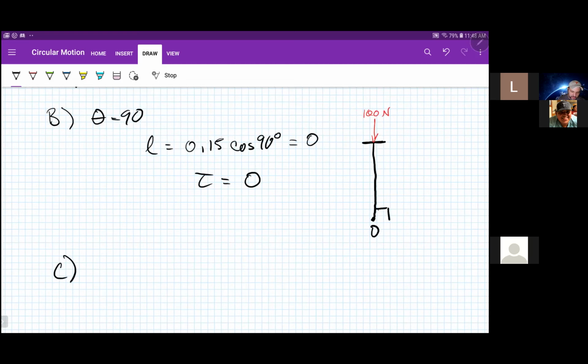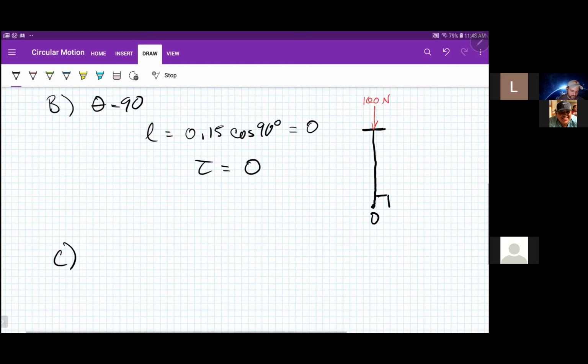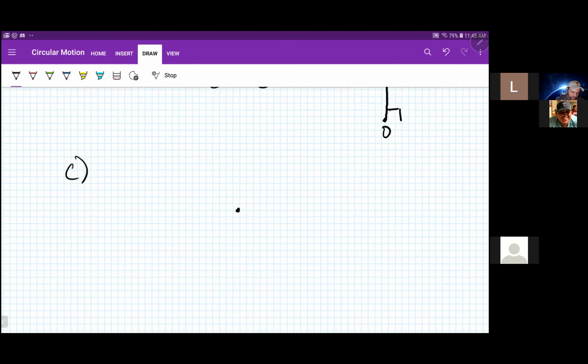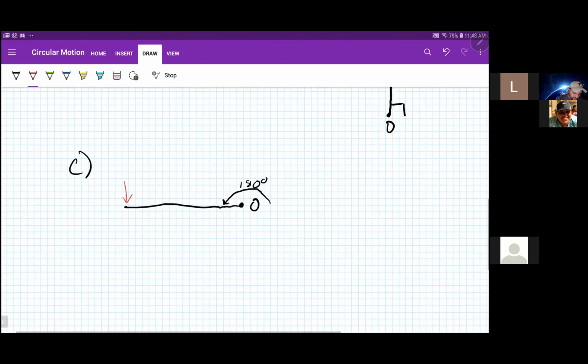And finally, C, we've got a couple more minutes, so we're good. What happens if it's 180 degrees? Now this is O, and this angle here is 180 degrees. So my pedal's this way, and my force is being applied at this end. So this is 90 degrees. Now it does make sense to use R times F, where this distance is 0.15, because my force is exactly 90 degrees to my pedal arm.